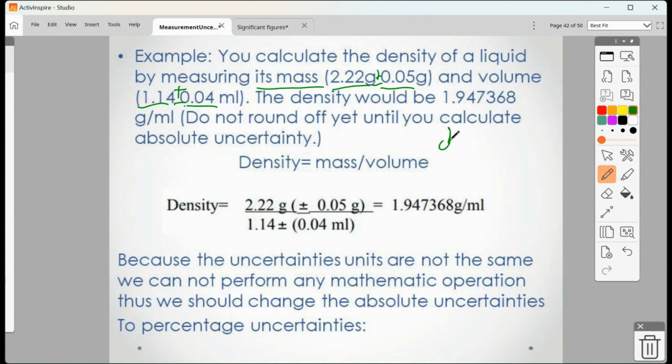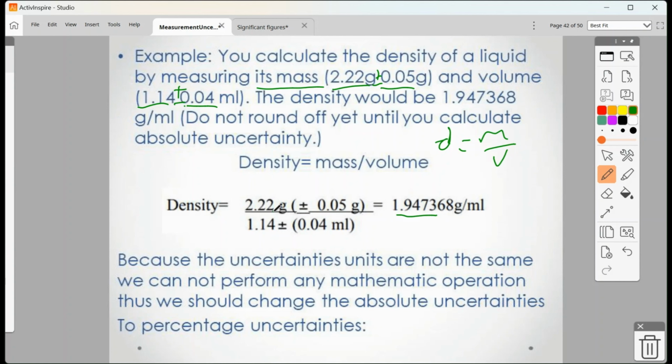Density is mass over volume. So divide 2.22 by 1.14. The answer is 1.9473. This is the answer.